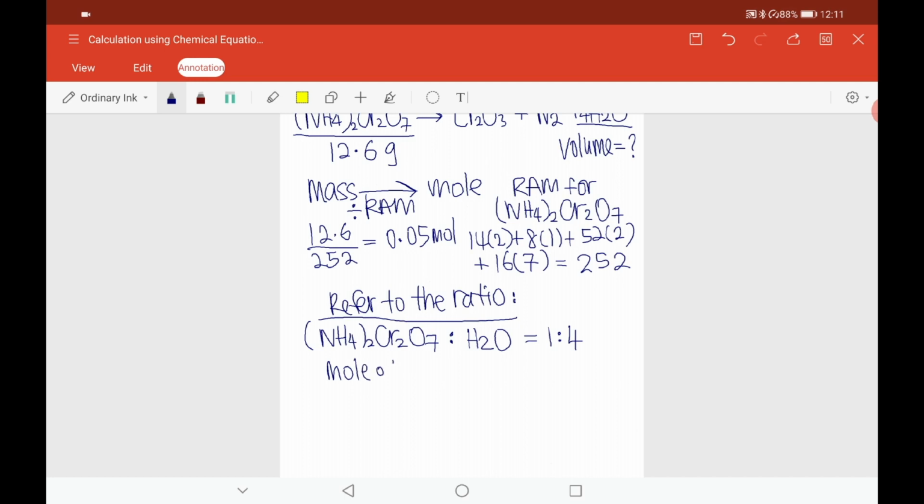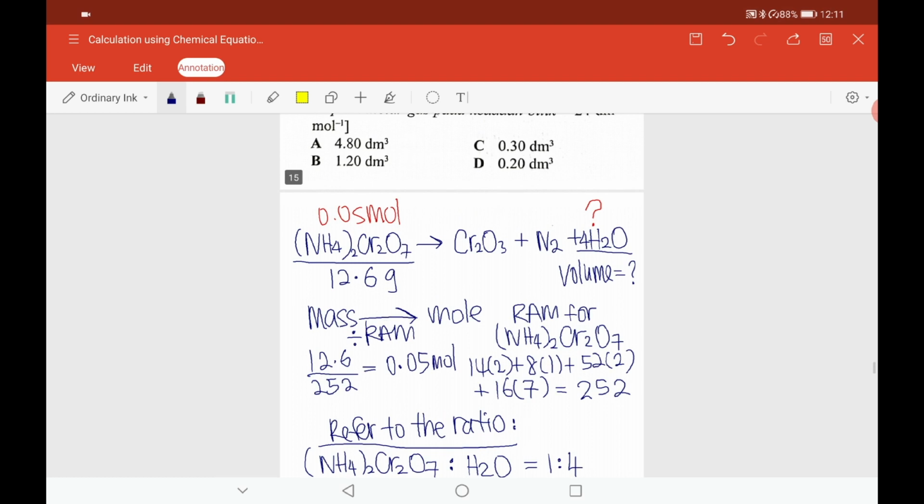So how to find the mole of water? Look at the equation here. When we have 1 NH4 Cr2O7, we have 4 water. So 1 and 4 here. Water always 4 times of your NH4 Cr2O7.